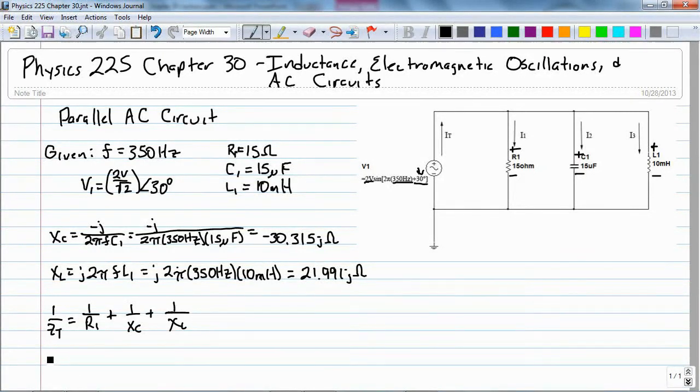And if I calculate for ZT, I get 14.492 plus 2.714 J ohms.